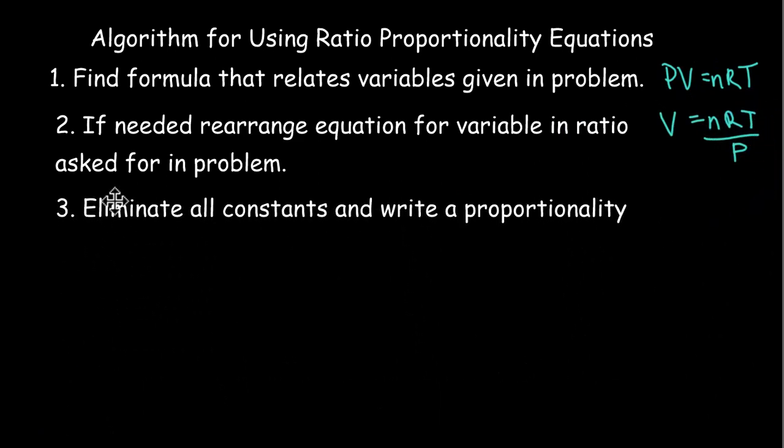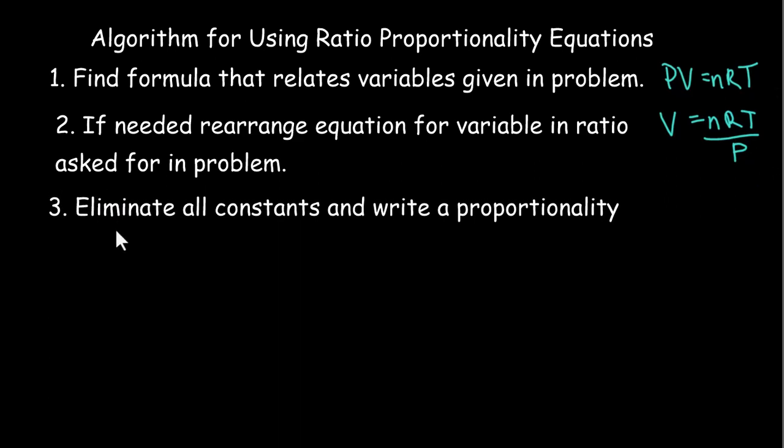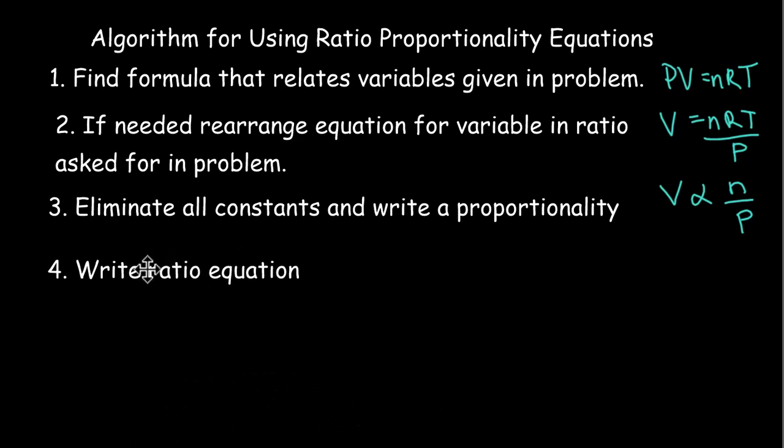Third step would be to eliminate all constants and write the proportionality. So let's suppose it was given in the problem that the temperature was constant. R, of course, is a universal constant, so we would say that V is proportional to the number of moles divided by the pressure. Step 4 would be to write your ratio equation and solve.